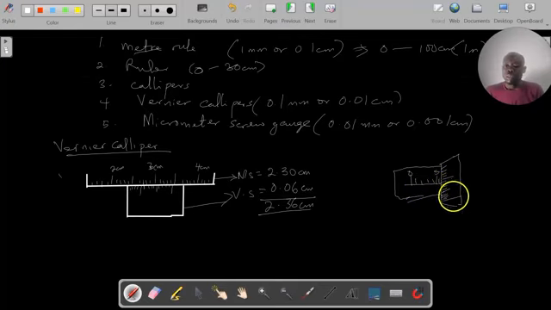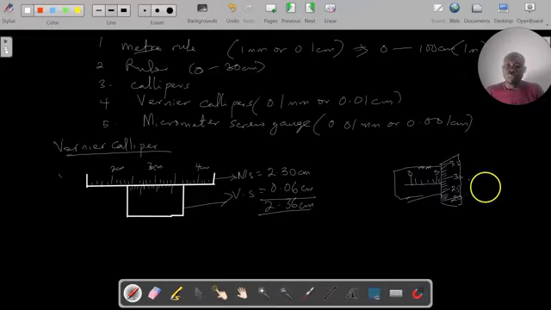So let's say this is 20, 25, 30, then 1, 2, 3, 4, 35. So micrometer scale gauge will always be in millimeter.